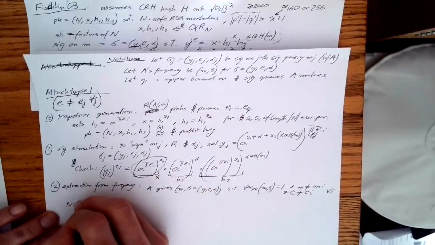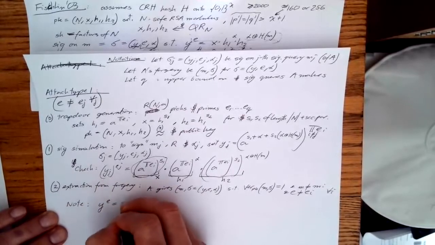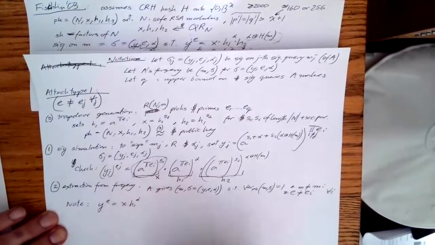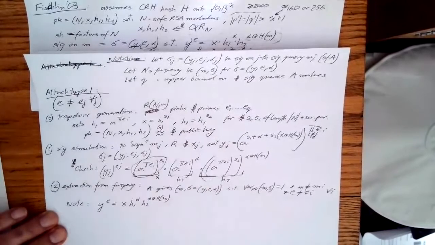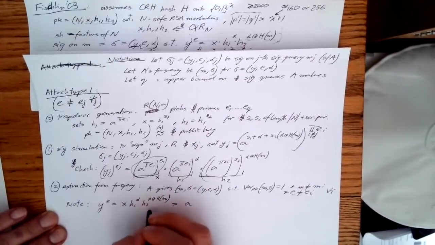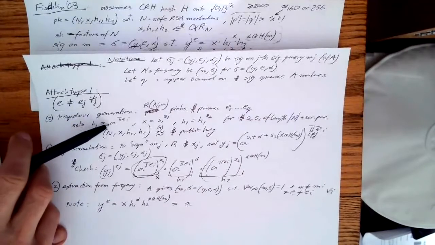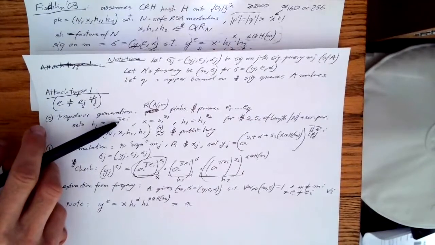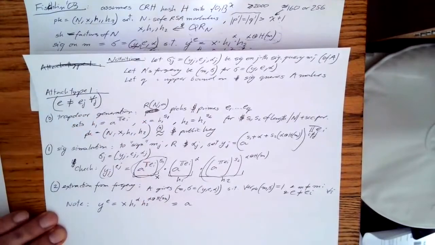So note that if the verification equation works, so we have Y to the E is equal to X H1 alpha H2 alpha hash M, XOR hash M. And this is because X, H1, and H2 are all set as basically powers of A to the product of all the E_i's with additional factors in the case of X and H2.